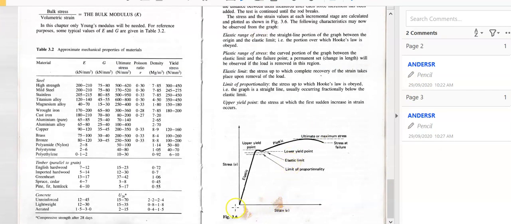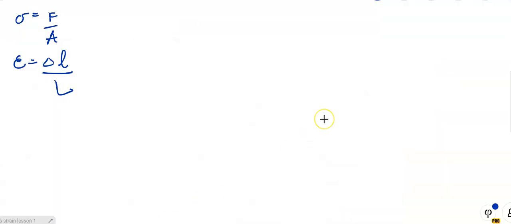Now we're concerned with materials up to the limit of proportionality. And if I take the stress and I divide it by the strain, I get Young's modulus of elasticity. So Young's modulus of elasticity, E, is equal to stress divided by strain.